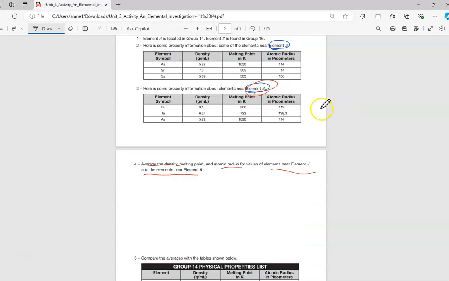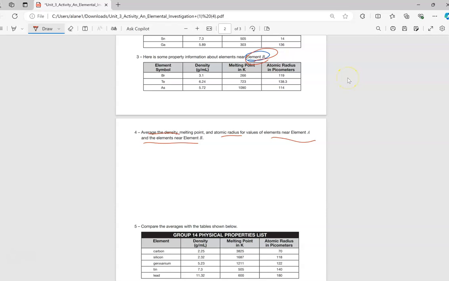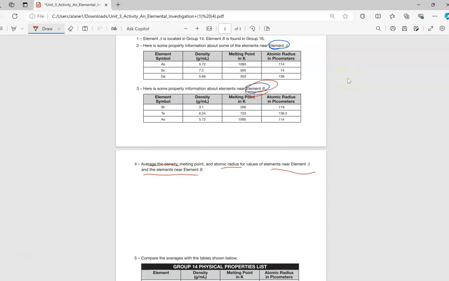So I am going to deal with element A information first. I'm going to start with density. So I'm going to take 5.72 and 7.3 and 5.89. I'm going to add those all together, and then I'm going to divide by 3.